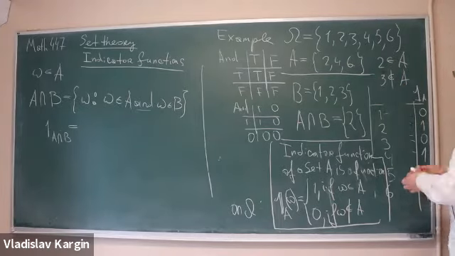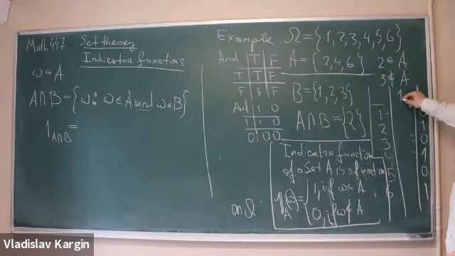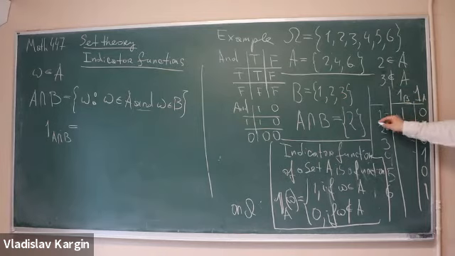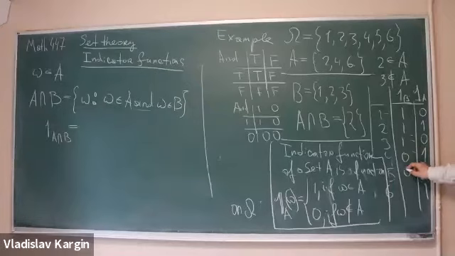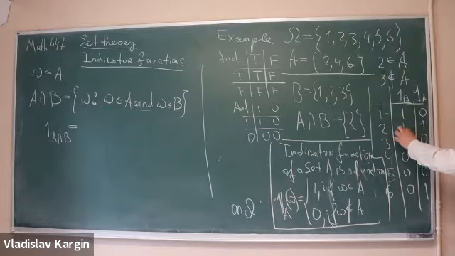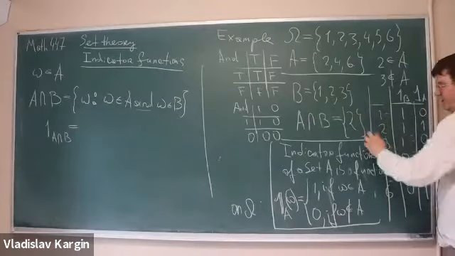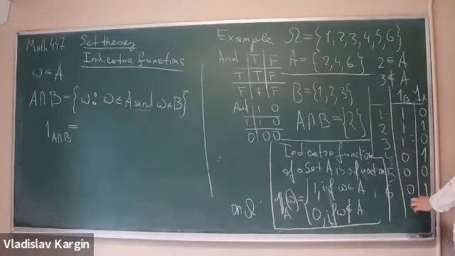So for 1B, it would be 1, 1, 1, 0, 0, 0. The first 3 elements are truths: 1 belongs to B, 2 belongs to B, 3 belongs to B. All others are zeros.